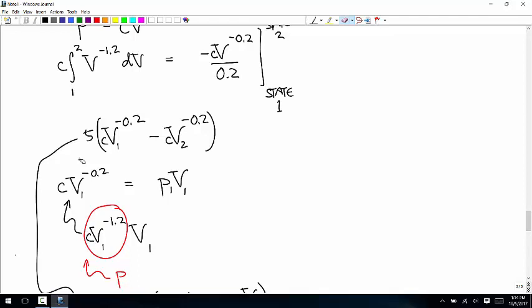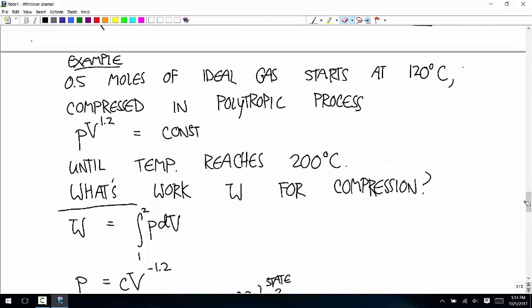Yeah, the 200 for the final temperature was given in the problem. So what's given in the problem is, since we know it's an ideal gas and polytropic, all we need are the temperatures at the 2 endpoints, and those are given.